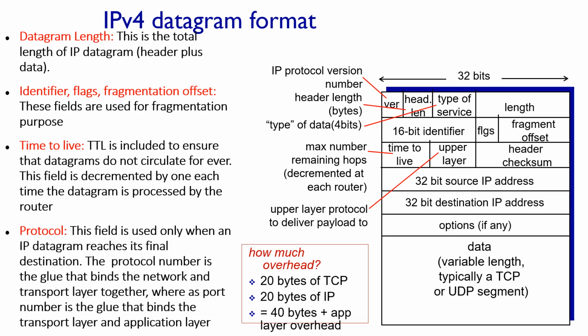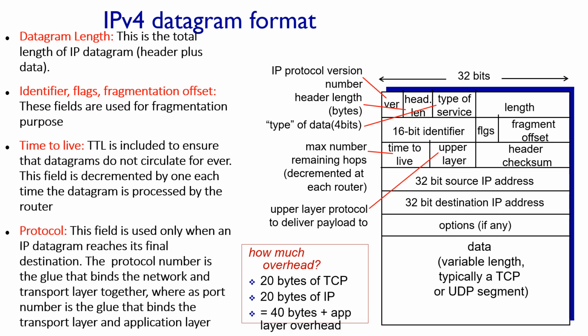From that point onwards, the actual data is stored. Next, three fields: identifier, flags and fragmentation offset. These together serve the fragmentation purpose, and we will study fragmentation and reassembling in detail in coming videos.